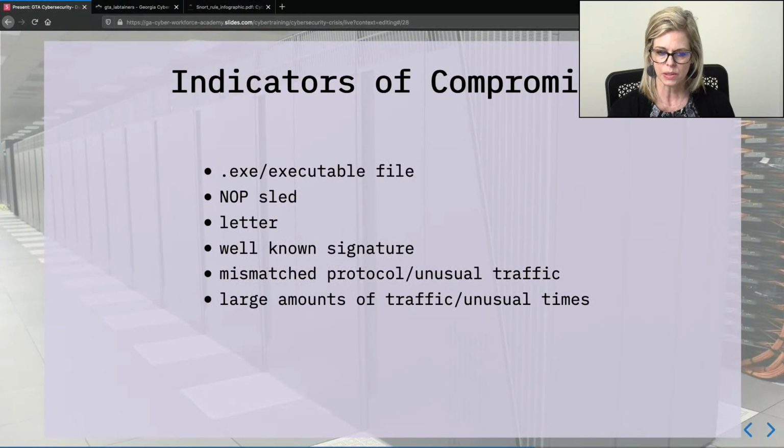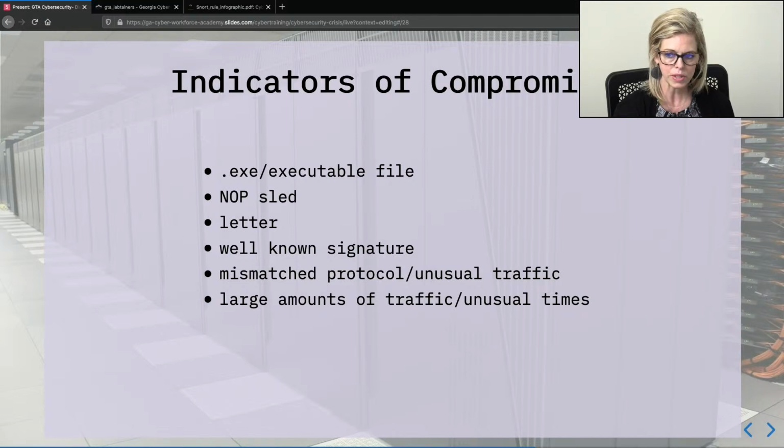So some of these specific indicators of compromise, of course, malware can be part of an executable file. So you want to look for any specific executables. Of course, a .exe functions exactly like a program.